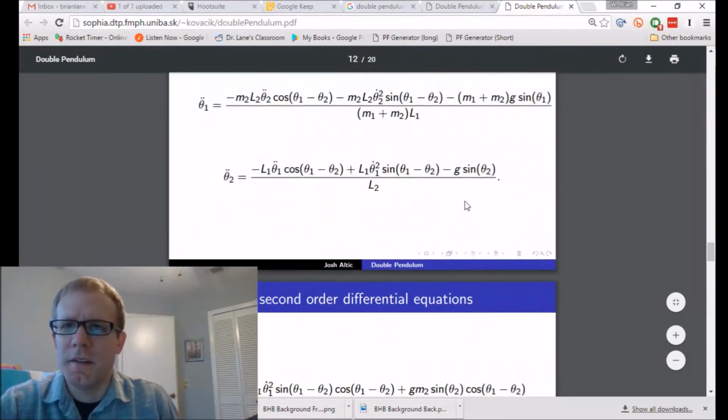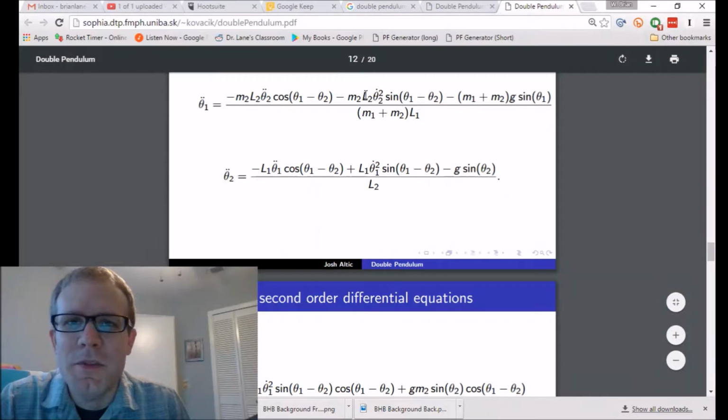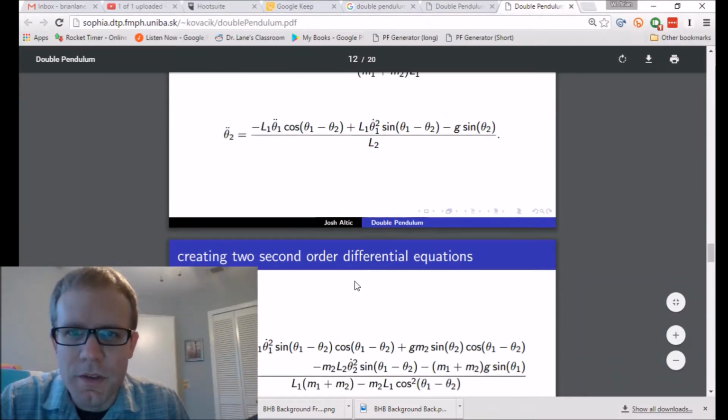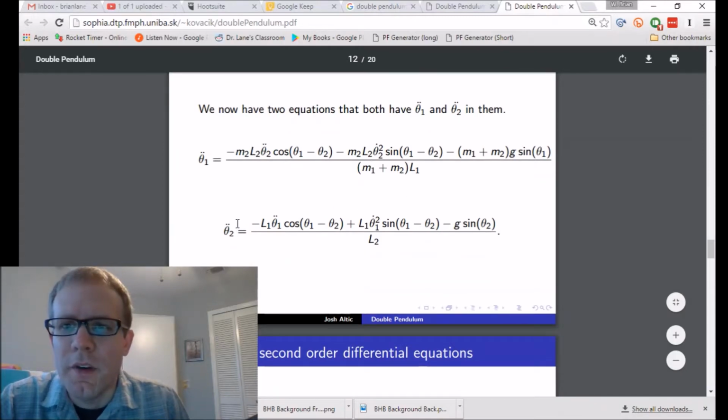Let me check this guy's algebra really quick. Let's see here. So theta 1 double dot should have an M2 L2 theta dot 2. It does have an M2 L2 theta dot 2. Okay. And from this one, it should have an M2 L1.